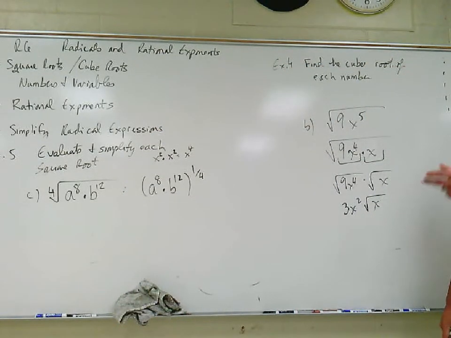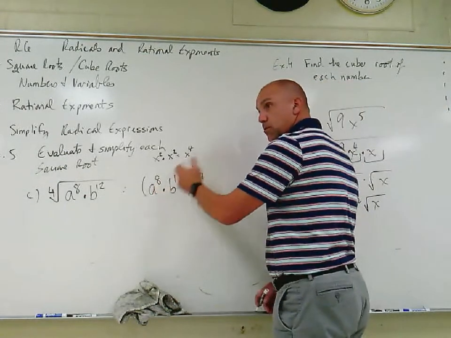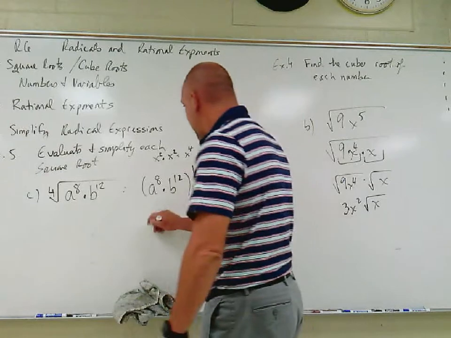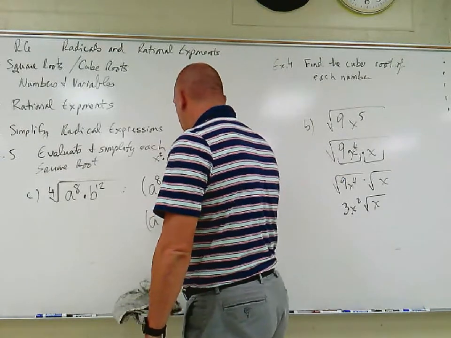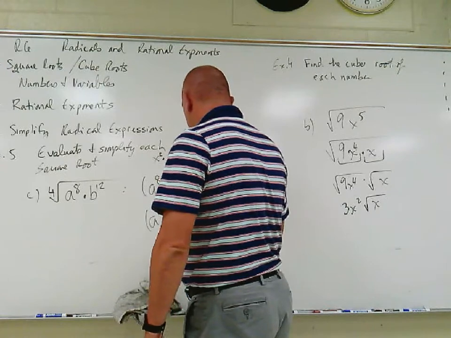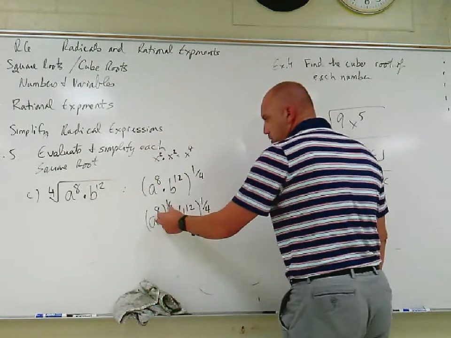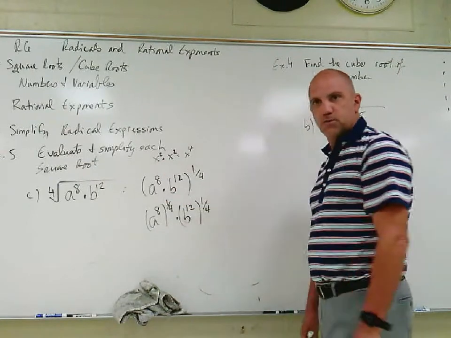So I think it's easier if you change it to the 1/4, and then you can raise each of these to a power. So then you can say a to the 8th to the 1/4 times b to the 12th to the 1/4. Then if you multiply, it's going to tell you what your answer is, okay?